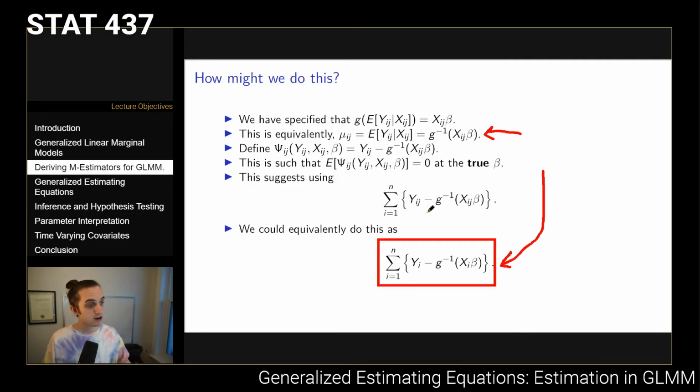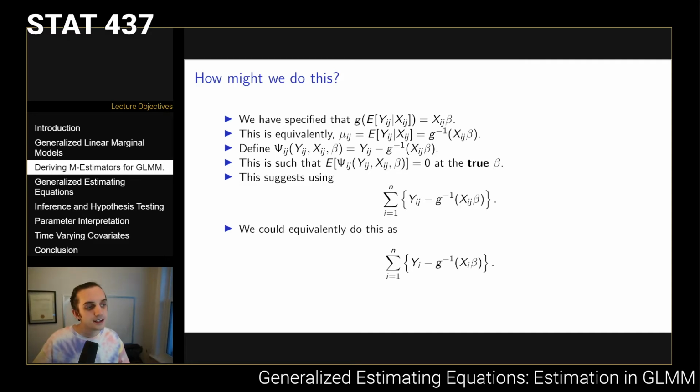And if you notice, the only thing that we've been required to specify in order to get this is this mean relationship. So this would be an estimator that gives us the correct beta parameters, and the only thing that we need to specify correctly is this mean relationship. And I'd like to pause on that for a second and think about how powerful that is, right?